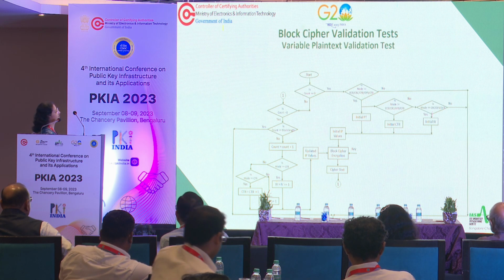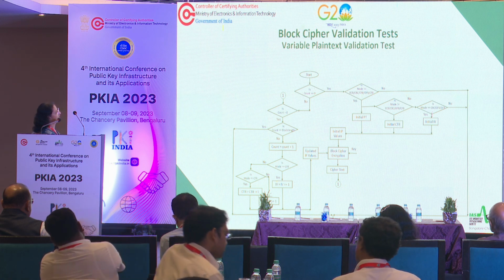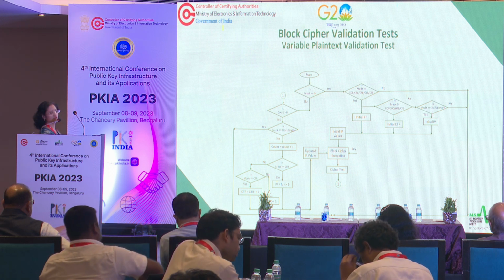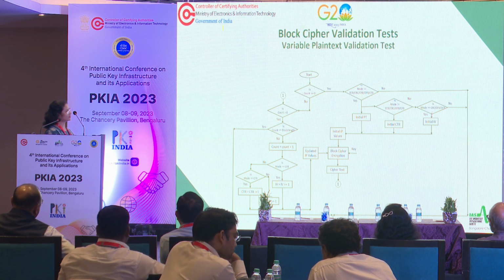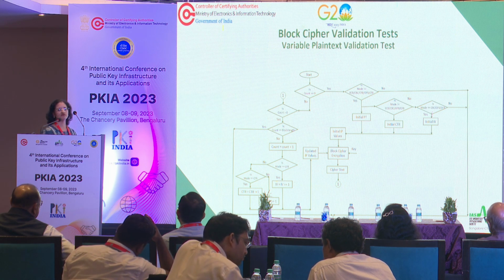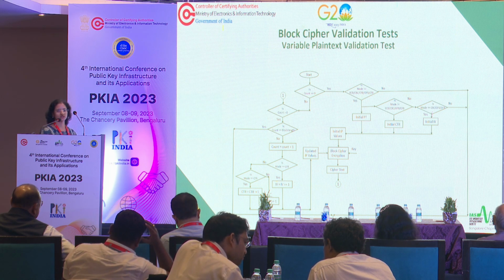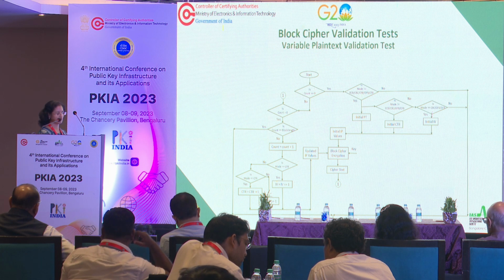This is the general flow chart for the variable plaintext validation test. This is one of the KAT tests. Depending upon the mode selected, we will have different inputs. Taking ECB mode as an example, it consists of plaintext and key as input.